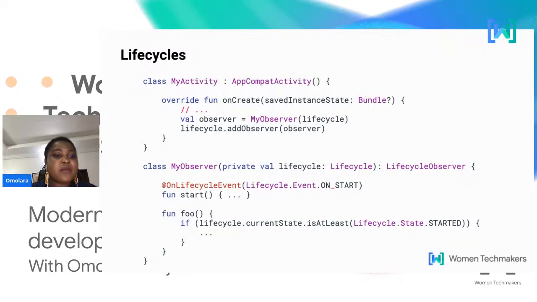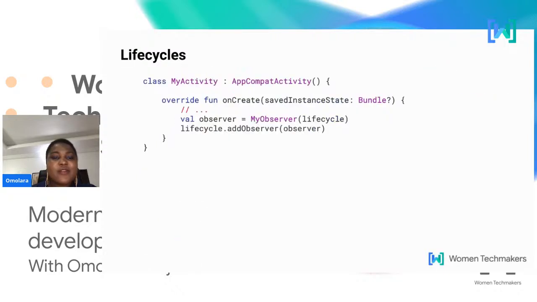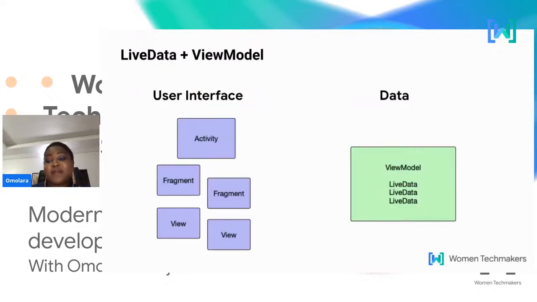If you want to go down this route, you set your observer to your life cycle, and then in your observer, you annotate a function by saying, make this function my onStart, and then you can do anything you want to do. And I can even listen for the current states of that life cycle. Easy peasy. I mean, you can do away with this massive flow chart here. You don't need it anymore, and you don't need to cram it for jobs. Win-win.